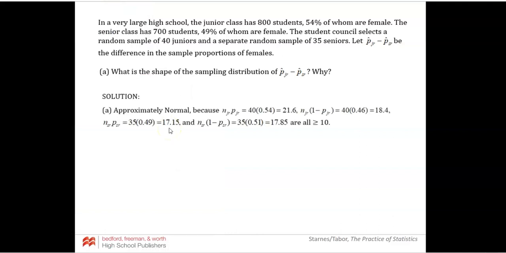Those are all greater than or equal to 10, so we're good to go. What is the shape? Approximately normal, because it meets the large count condition. Find the mean of the sampling distribution. That shouldn't be too bad. It's p juniors minus seniors, so 0.54 minus 0.49, which is 0.05.